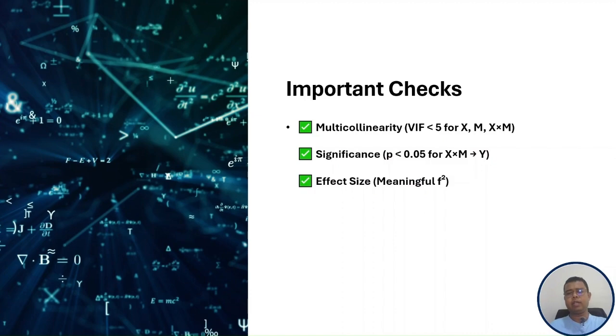For the direct, moderator, or interaction terms, the VIF value should be less than 5, and in many cases less than 3. We can say a parameter is significant if the p-value is less than 0.05. And the moderating effect size should be meaningful. To be honest, it depends on the hypothesis.